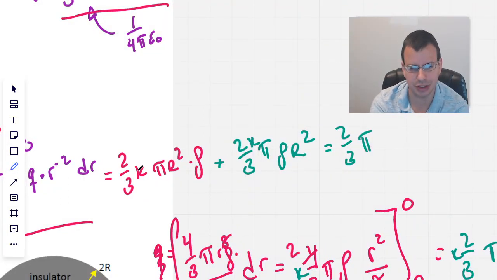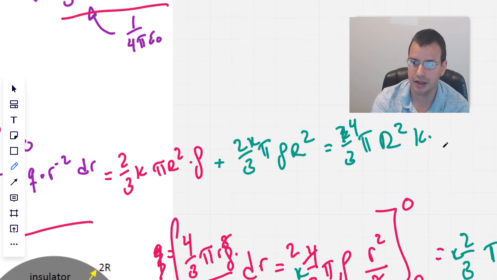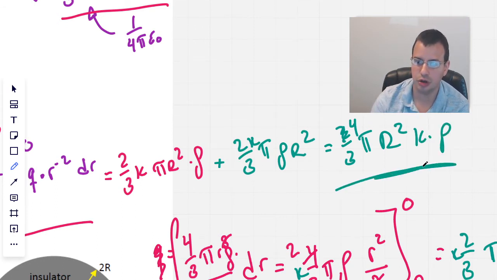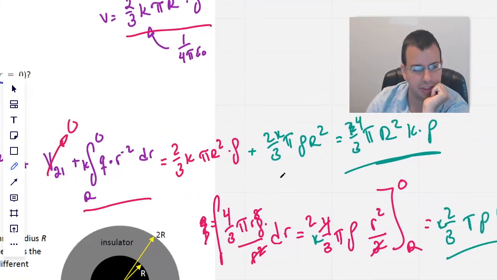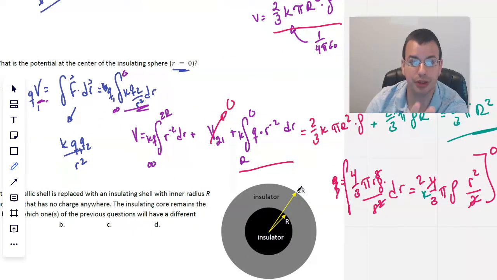Since these are exactly the same, I can just add them together and I get 4/3 pi r squared k times rho. Interesting, suspicious.